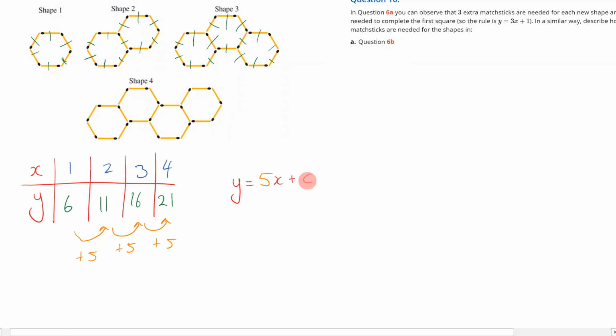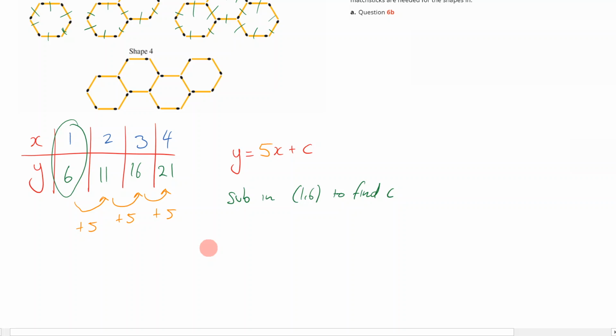And then to find what my c value is going to be, what I'm going to have to do is sub in a point. And I'm going to sub in my littlest point here. I'm going to sub in 1, 6 to find c. It's always good to write down a little explanation of what you're doing. So that means I'm going to put a 6 into the y spot. I'm going to put a 1 there plus c. 6 is equal to 5 plus c.